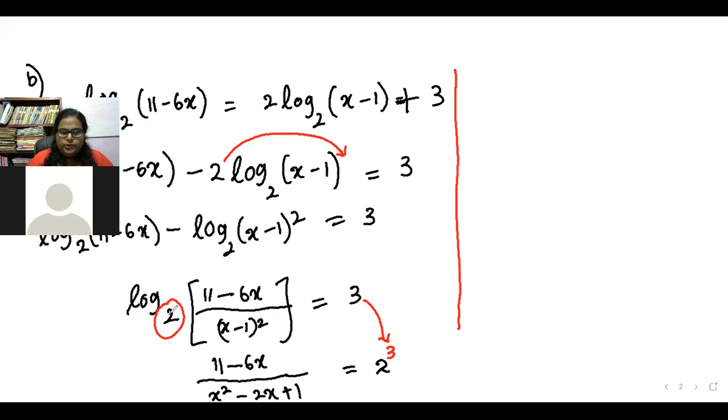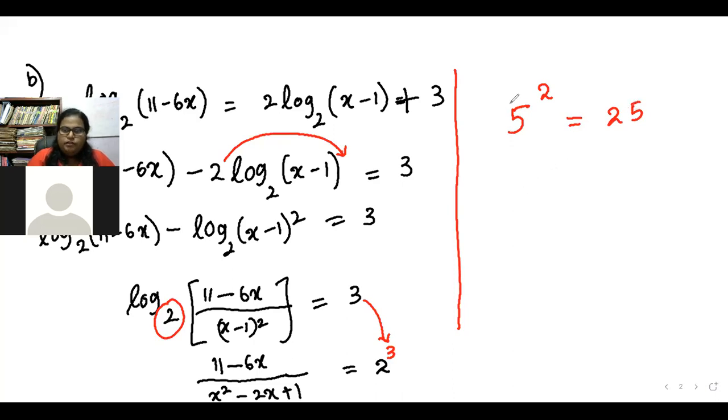Sajita is asking how to convert this log form into exponential form. So if you have 2 to the power 3 is 8, right? Now we can take it like this: 5 to the power 2 is equal to 25. You know this one.